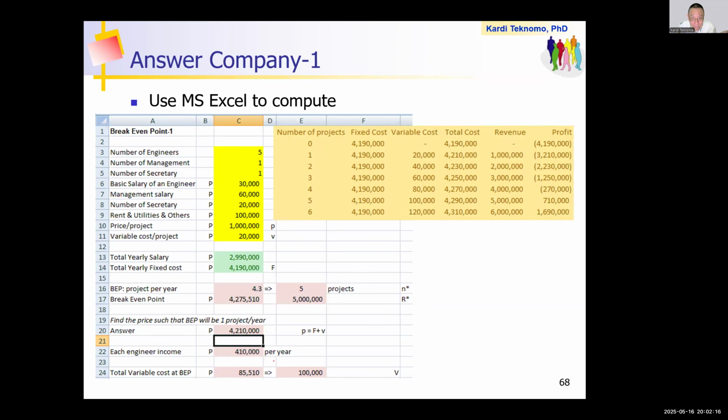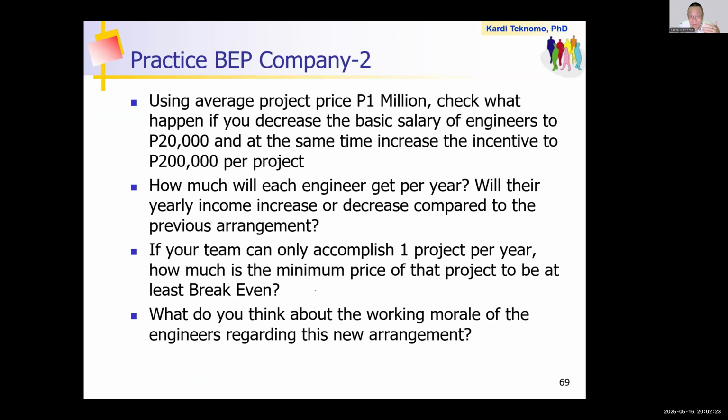So this is a variable cost. Now we can compare what will happen if you change it so that the salary reduces and the bonus increases. Remember, bonus represents the variable cost, right?